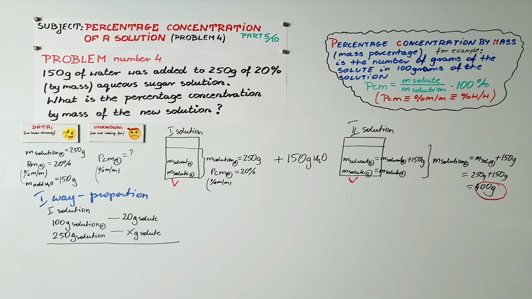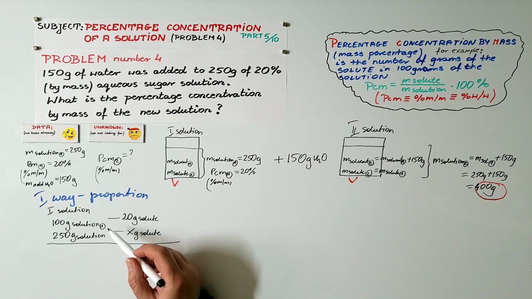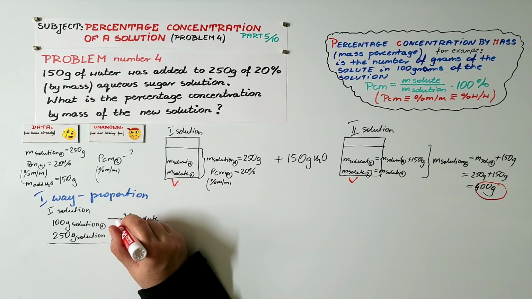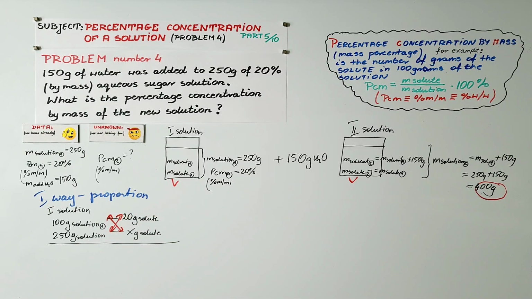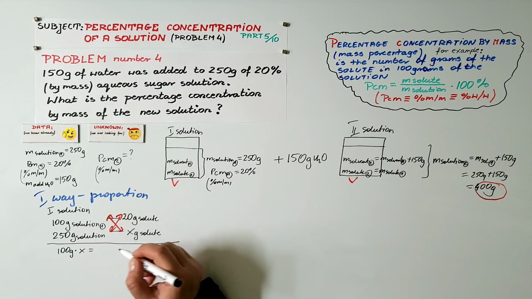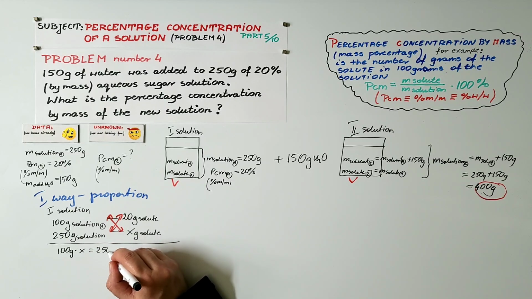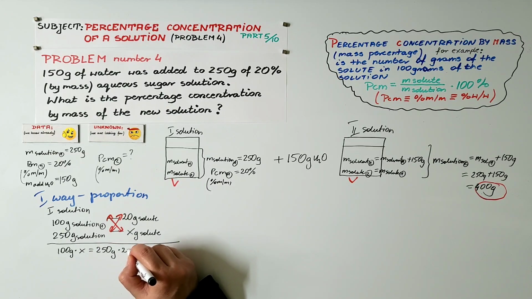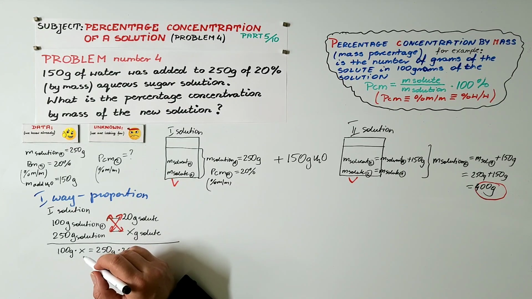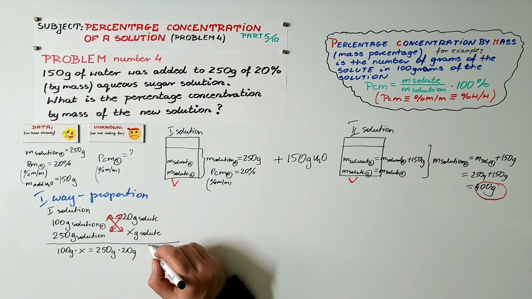So we calculate X by cross multiplying this proportion. So 100 grams times X equals 250 grams times 20. To solve for X, we need to divide both sides by 100 grams.